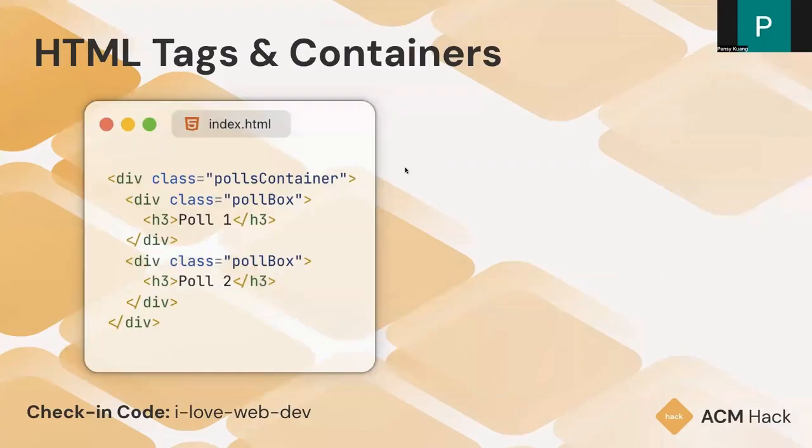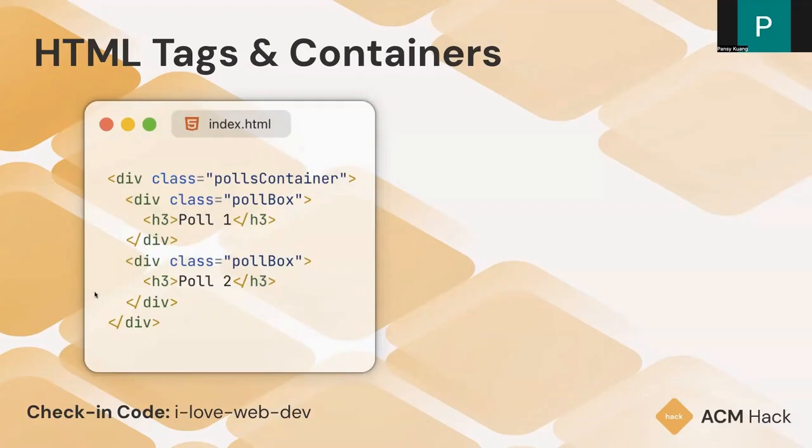So an important part of HTML is using these divs that let you separate and distinguish large parts of your website. So we actually call this a container because it contains multiple divs inside the outer div.